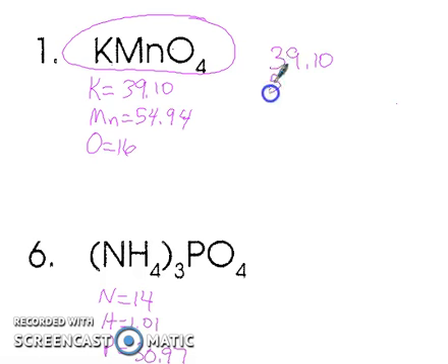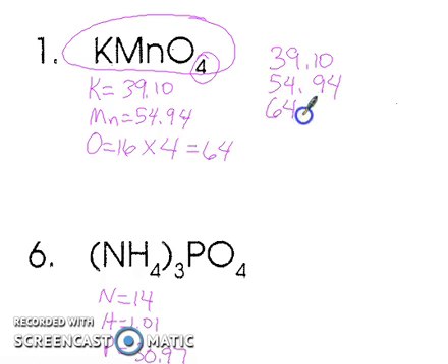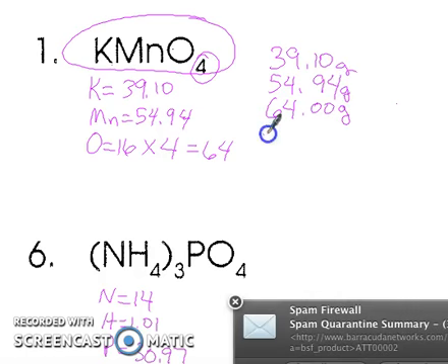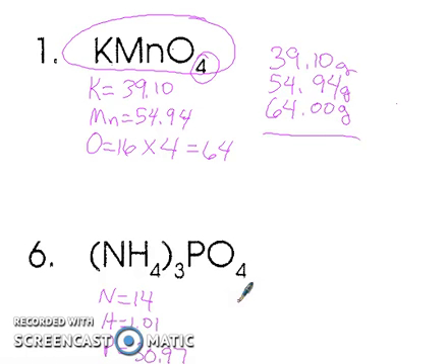Manganese weighs 54.94. And notice oxygen, there's 4 oxygens. So I take the 16 and I multiply it by 4. So I actually have 64 grams of oxygen. So they're all grams. So then just take your calculator and add them up.